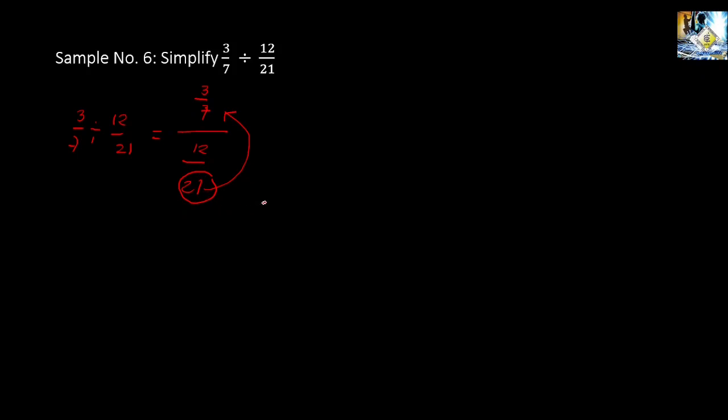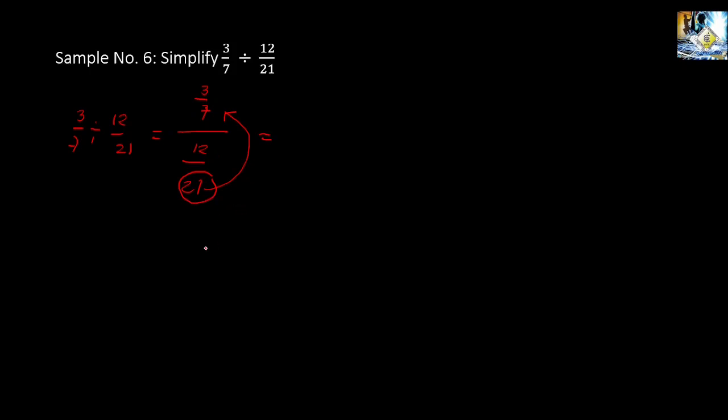Okay, so we multiply. What will happen next? Okay, we will have 3 over 7 multiplied by the reciprocal, or we can simply multiply 3 over 7 by 21.